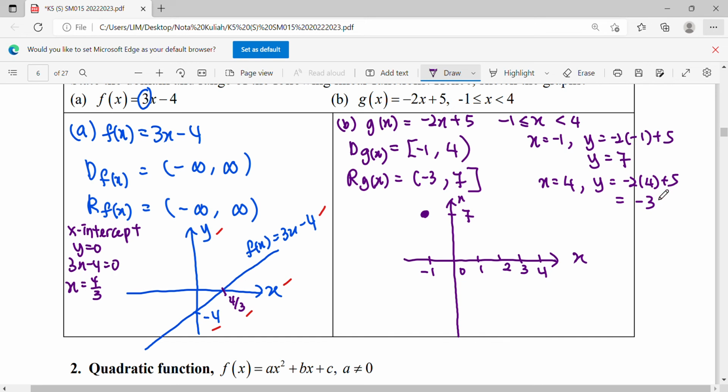When you drag down your line, for the last point, x equals to 4, y equals to negative 3, so it will be an open circle. So a straight line, y equals to mx plus c, with y-intercept here labeled as 5.